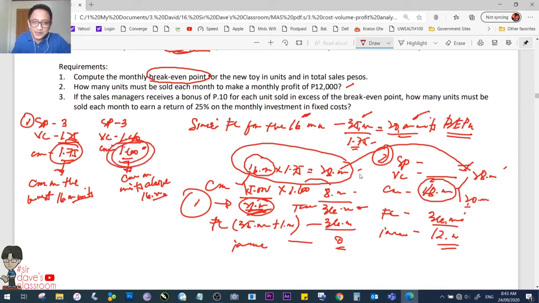Ito, 1.60. Kasi this is over and above the 16,000 units. Divided by 1.60. Ilan tayo dito? This must be 12,500. In addition, dun sa first 16,000 units na nagbigay nga sa'yo ng 28,000. So, 16,000 units plus 12,500. This must be 28,500 units. Final answer in requirement number 2.